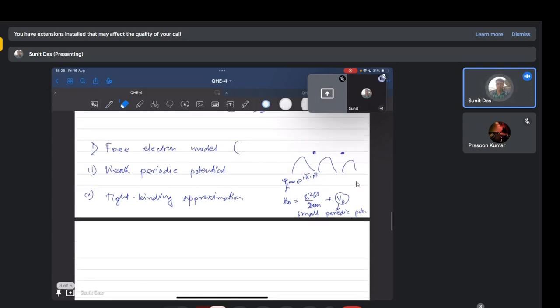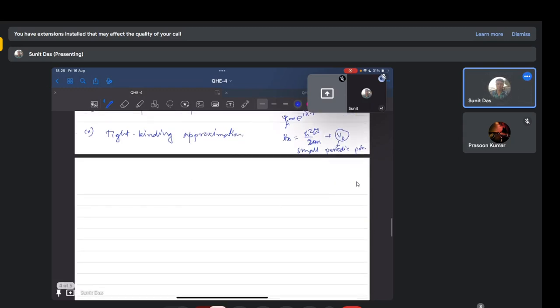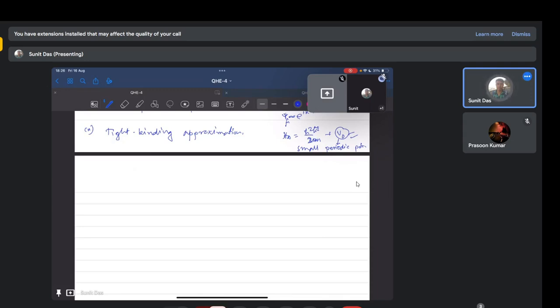But one important conclusion from the weak periodic potential is that whenever you apply this periodic potential as a perturbation term, you'll find that the system develops gaps. We have the concept of first Brillouin zone and second Brillouin zone, and in the simple free electron model, it will go on like this. This is, let's say, first Brillouin zone, and then second Brillouin zone, and so on.